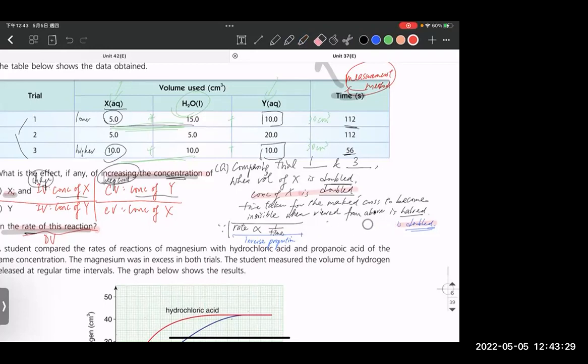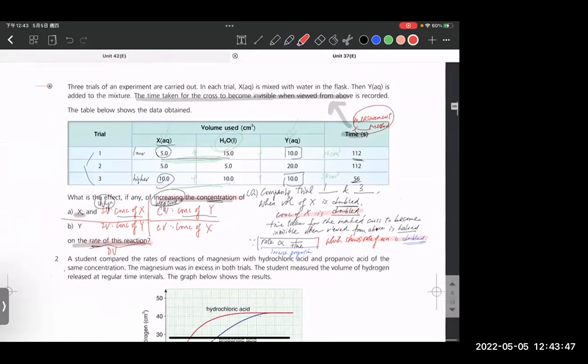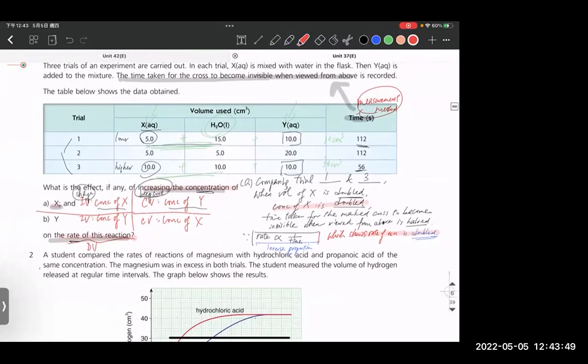So, if you want to have a further look on that, how can we know the concentration of X is being doubled? So it is adjusted by adding the volume of X. Okay, one should be 2 times over the other. So while keeping the total volume of the solution same, you can have such relationship.